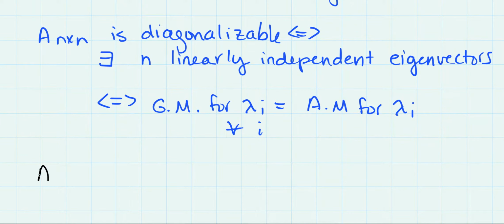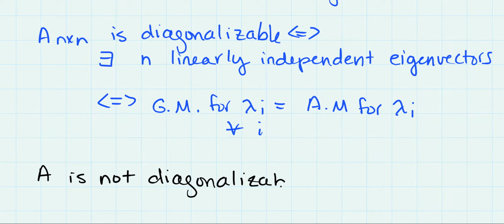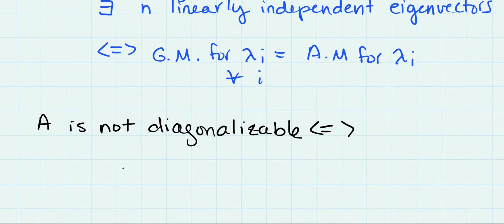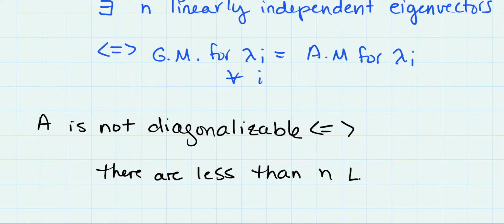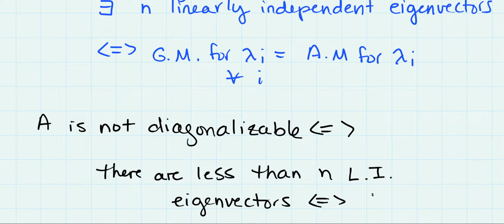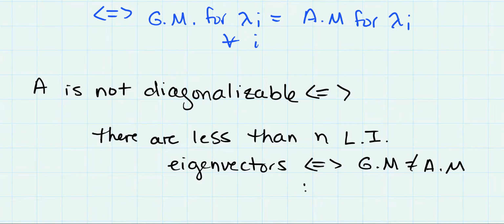So that means A is not diagonalizable if and only if there are fewer than n linearly independent eigenvectors. And that's true if and only if the geometric multiplicity does not equal the algebraic multiplicity for at least one eigenvalue.